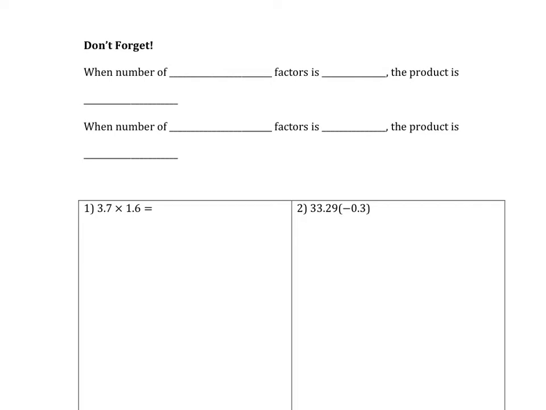3.7 times 1.6. The first thing I want to do is write this out like this: 3 7/10 times 1 6/10. So I do the math on that. I'm going to get 222, and then 370. Add those up, and I am going to get 592.